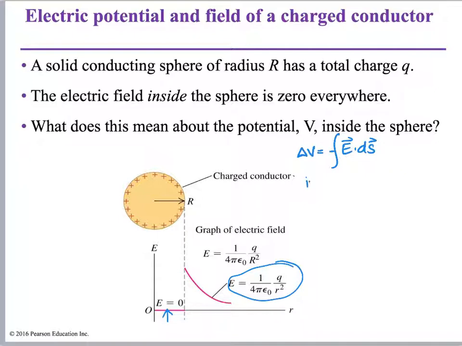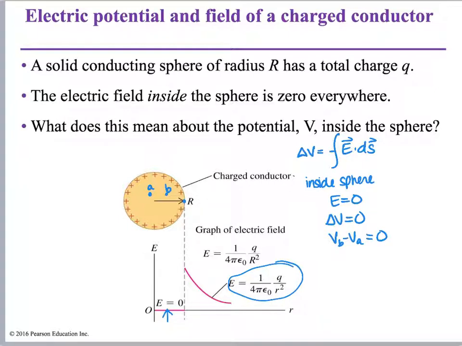And so if we go inside the sphere, because E is 0, this means that delta V is going to have to be 0. But we have to have some sort of continuity. Remember, if I'm going from point A to point B, that's VB minus VA equals 0.